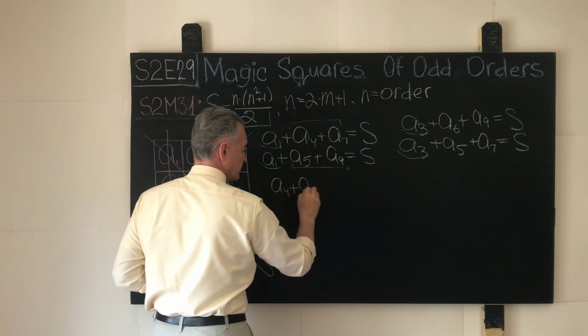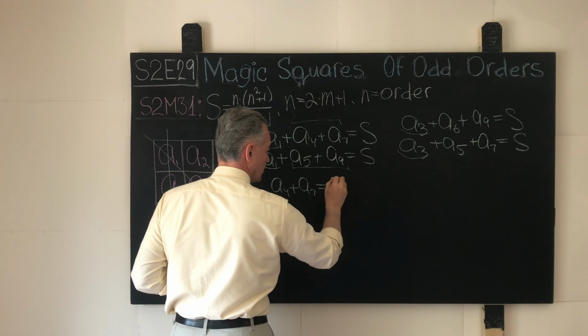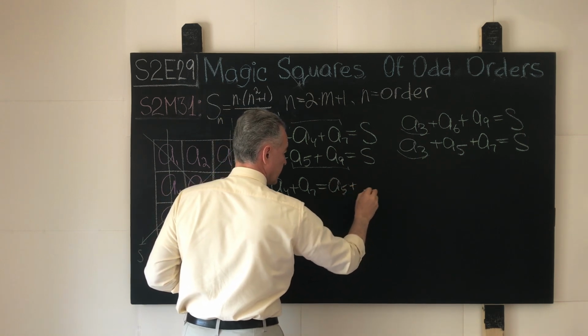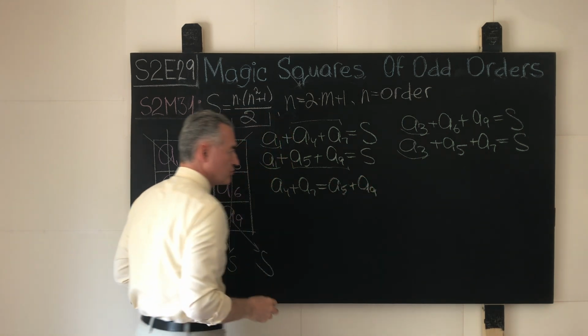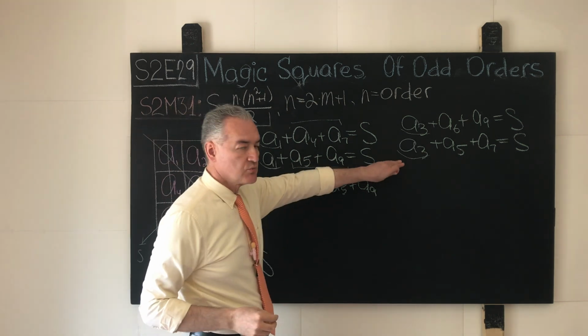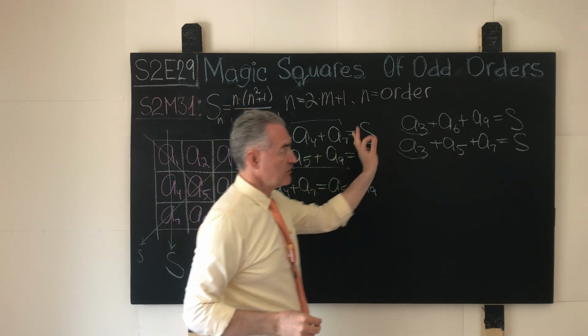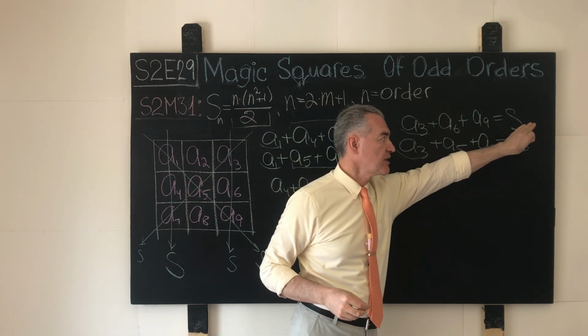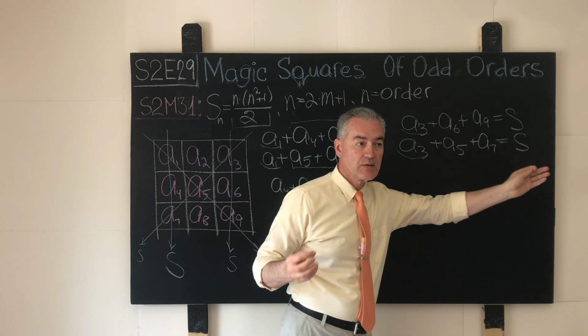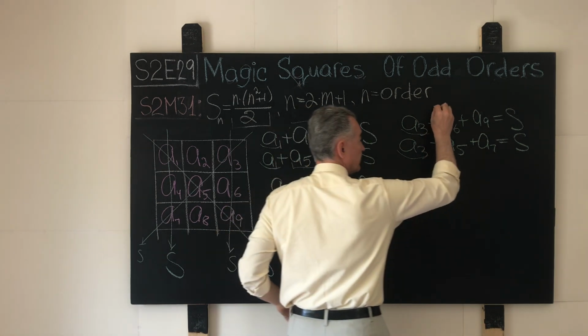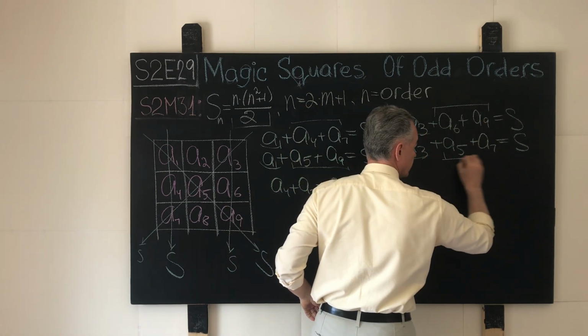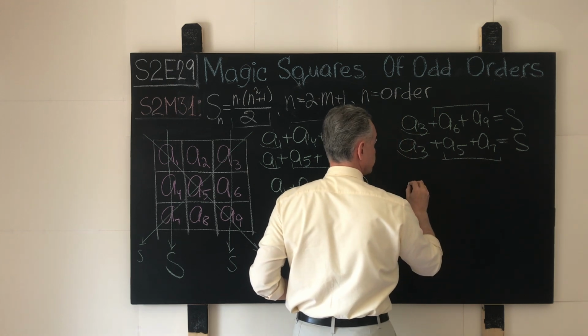A4 plus A7 is equal to A5 plus A9. Would you agree? We pull the same maneuver with this system of equations. A3 is one and the same element. Subtract from both sides, we have S minus A3, S minus A3. Same thing. So that means that this sum and this sum must be the same. So what do we write?